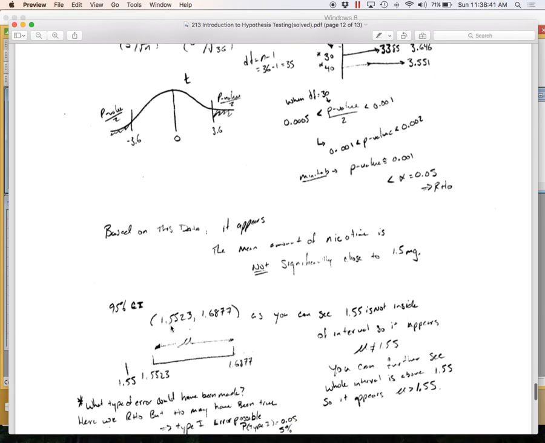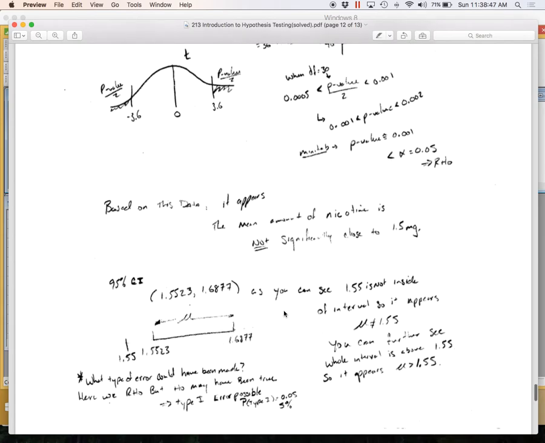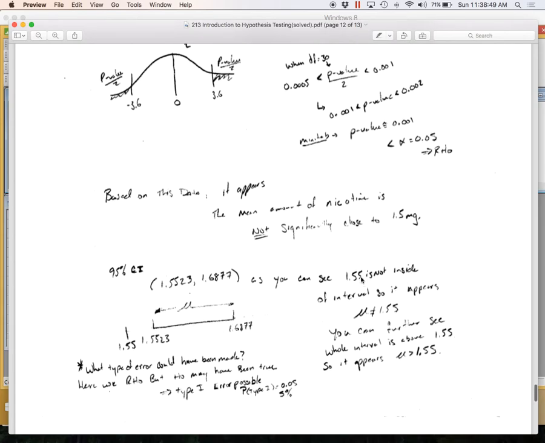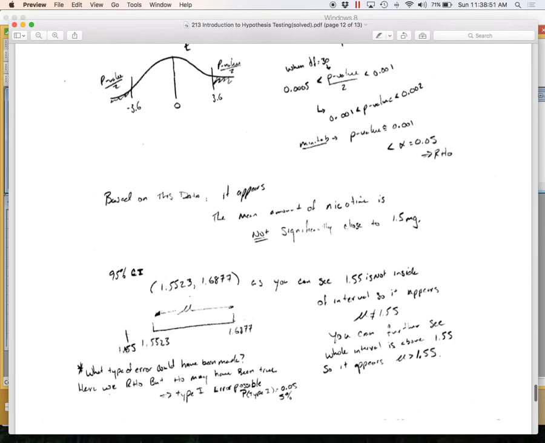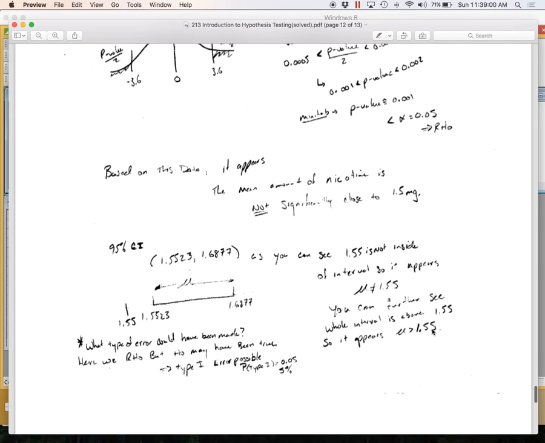We're 95% sure that the interval is between this and this. This is where we believe mu to be. As you can see, 1.5 is not inside the bound. In fact, the bound is completely above it. So you can infer that the mean is actually larger than 1.5.